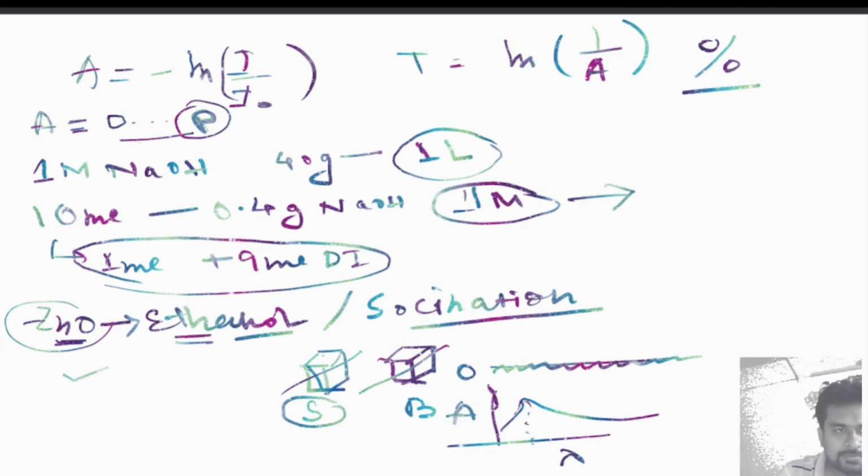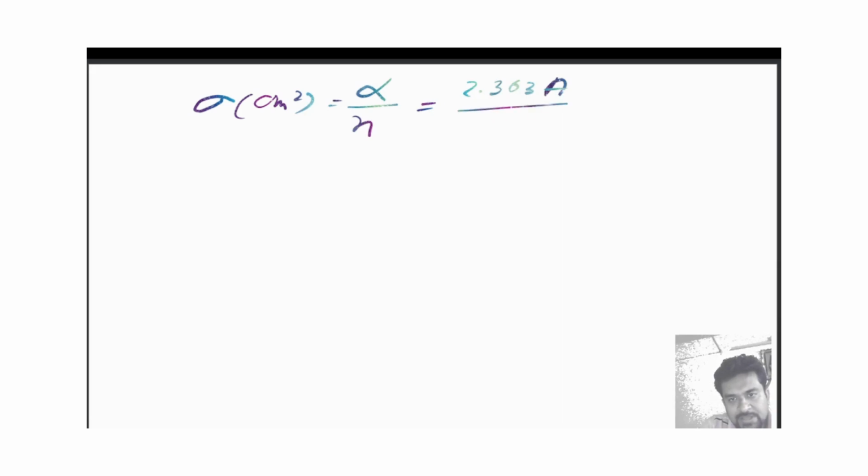Now, to measure the absorption coefficient. The absorption cross section is sigma, and this is in centimeter square, and it is simply alpha by N. Now, what is alpha? Alpha is 2.303 into A divided by L. N here is a very tricky thing, and N is not the actual concentration, it's the actual number concentration, the number of particles in the solution.